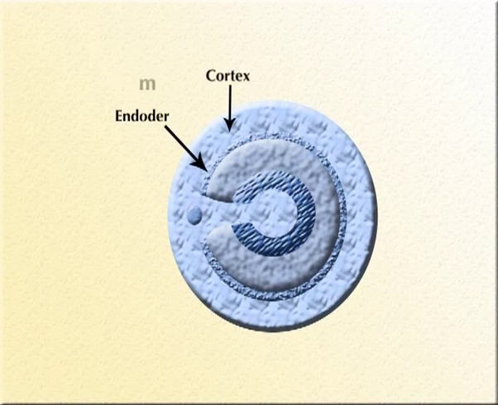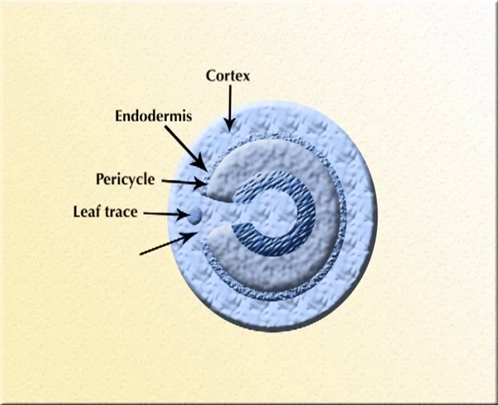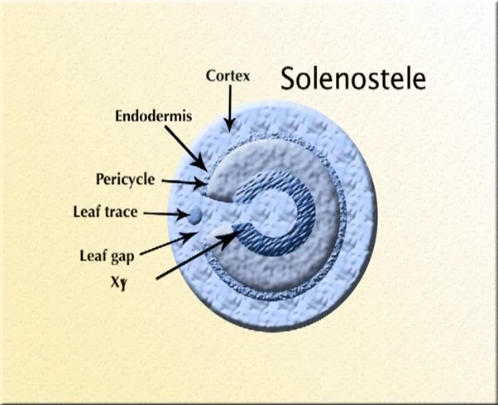In case the leaf gaps do not overlap, the stele is interrupted only at considerable distances or nodes by one leaf gap. So, in between the two leaf gaps, the vascular cylinder remains complete. Such a stele is called solenostele.